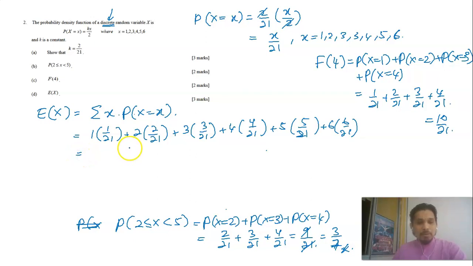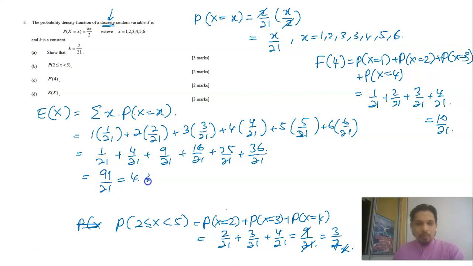Okay, so 1 by 1, 1 over 21, 4 over 21, 9 over 21, 16 over 21, 25 over 21, and 36 over 21 equals 91 over 21, or in decimal places, let it be 4.33. There you go. Okay, next question.